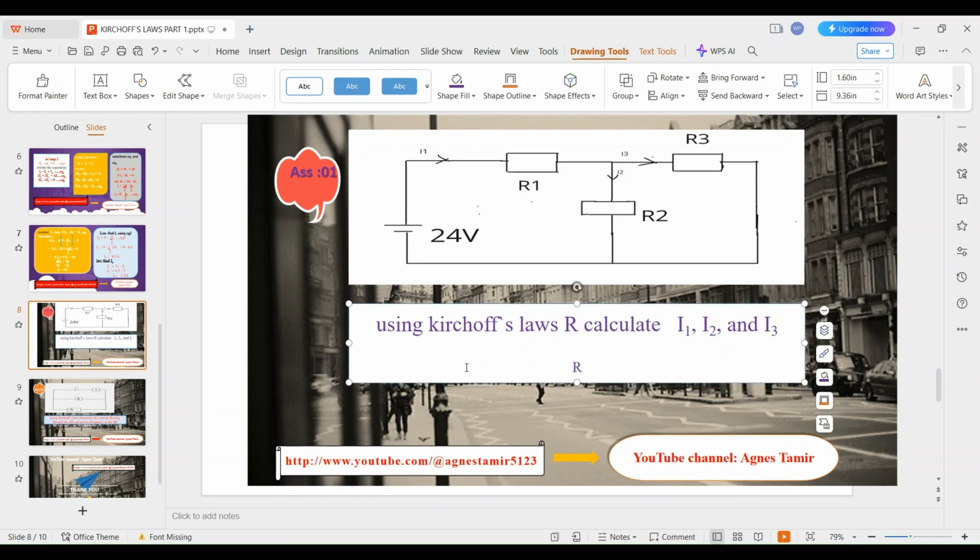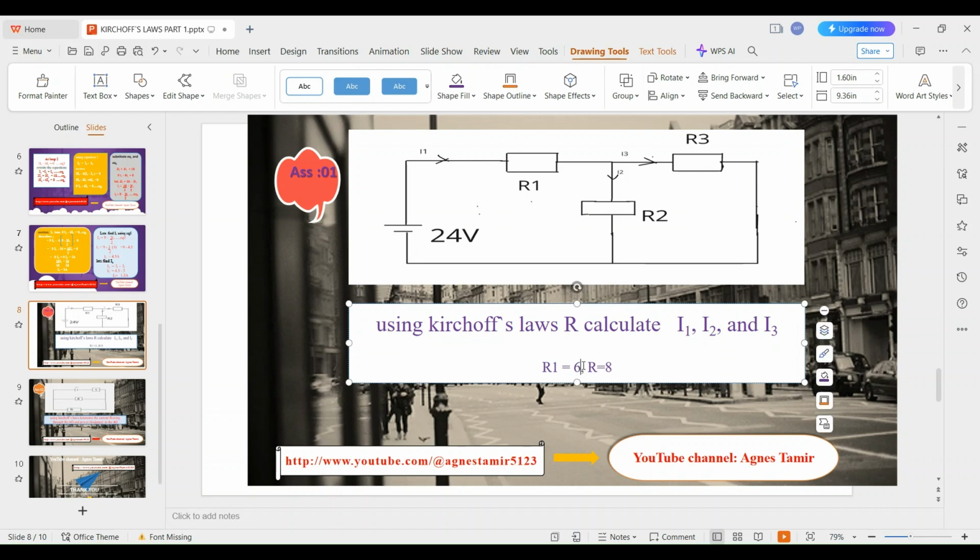So we said that R1 is equal to 6 ohms, and R2 is equal to 8. Now let me just give you the correct values so that you may be in a position to work it out.